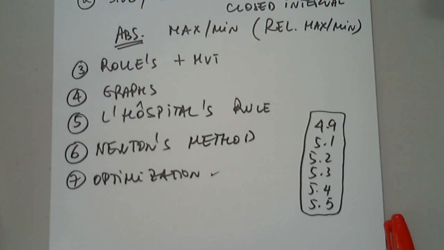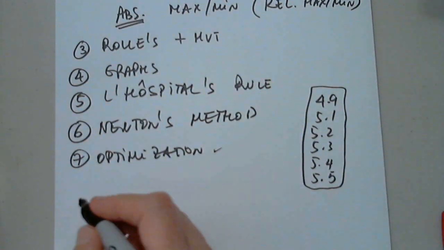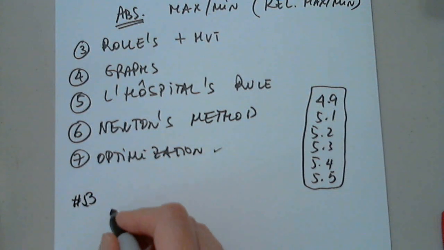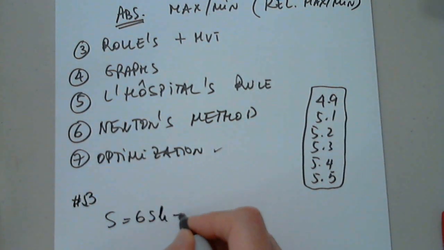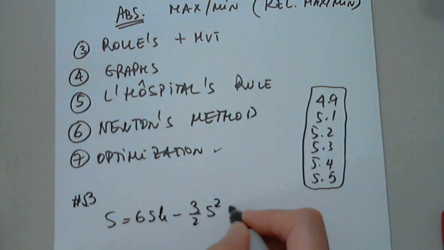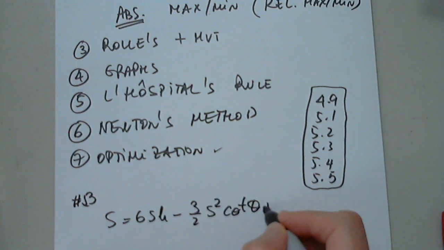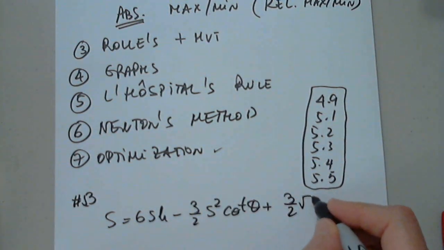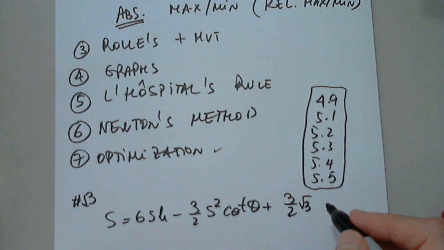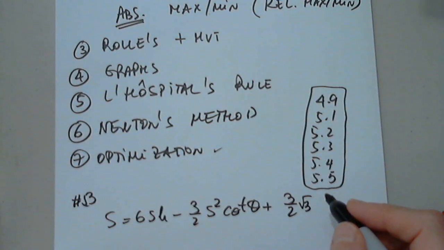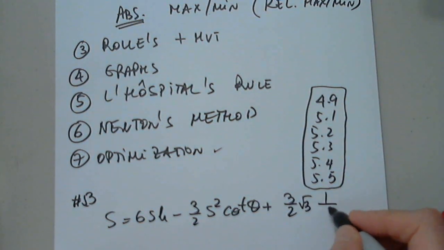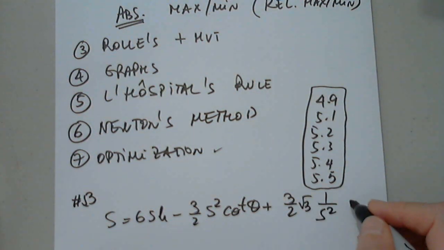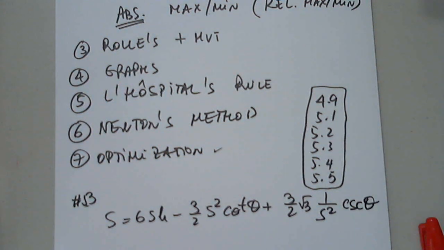So here it is. So you want to work on this? Yeah. Perfect, 53. So S equals 6sh minus 3/2 s squared cotangent theta plus 3/2 the square root of 3 s squared, I'm assuming that's divided. That's a very bad way of writing it. Okay, cosecant theta. Okay.